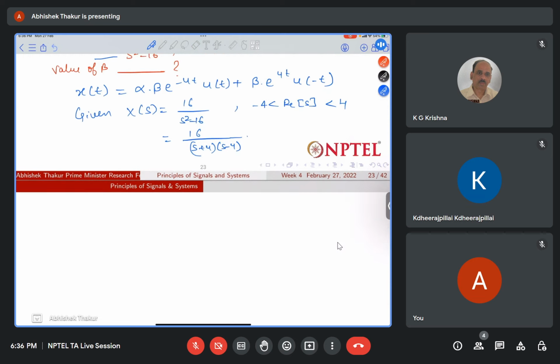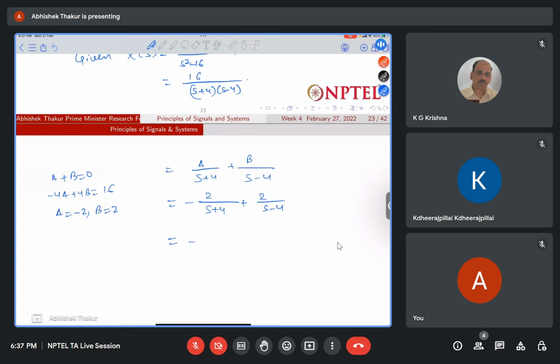When you decompose it, you can write a plus b is equal to 0 and minus 4a plus 4b is equal to 16. So this means b is equal to minus a, 8b is equal to 16. So a is equal to minus 2 and b is equal to 2. So we will get minus 2 by s plus 4 plus 2 by s minus 4.